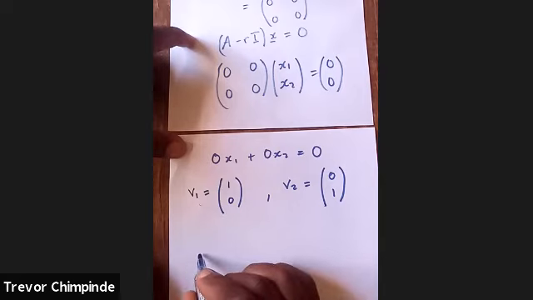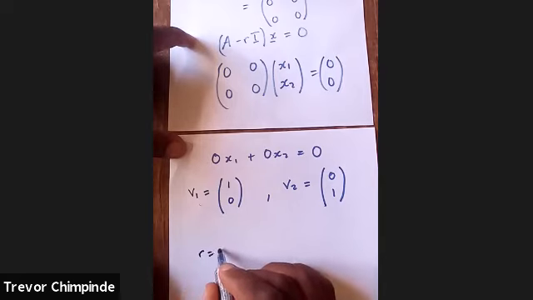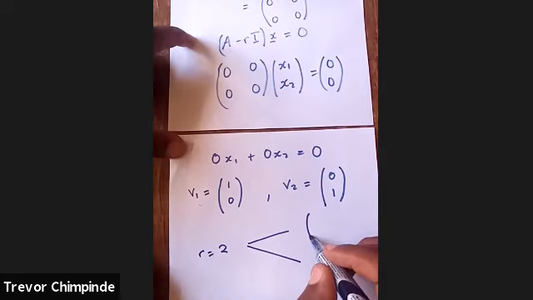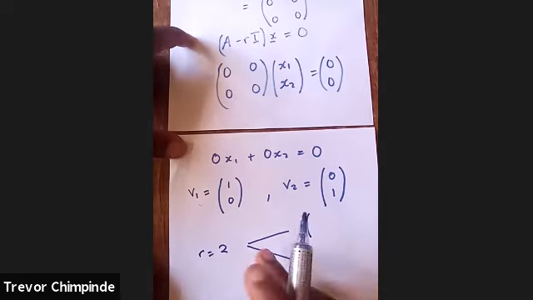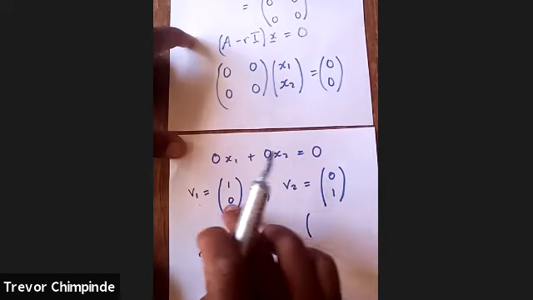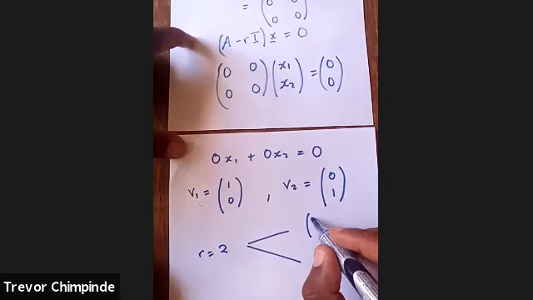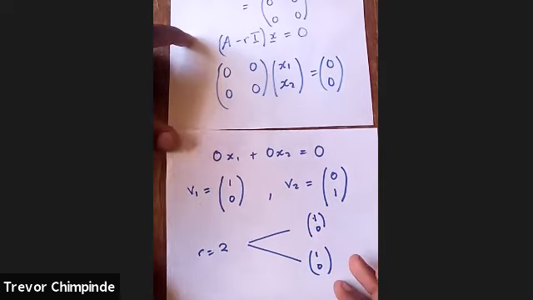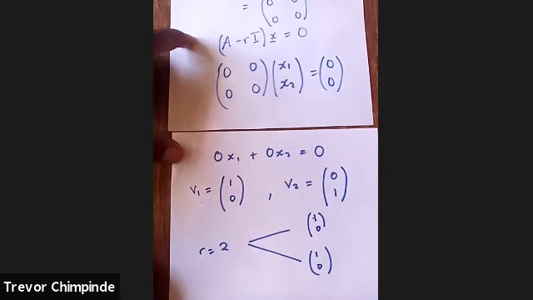So r is equal to 2 corresponds to these two linearly independent eigenvectors. By linearly independent, we mean you can't get one from the other by multiplying by a scalar. And this is a choice. It's not the only choice, but it's the standard choice.